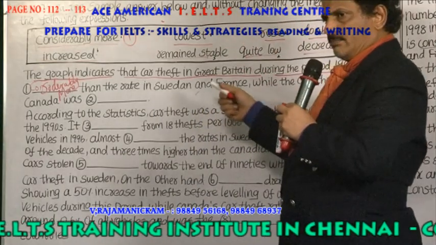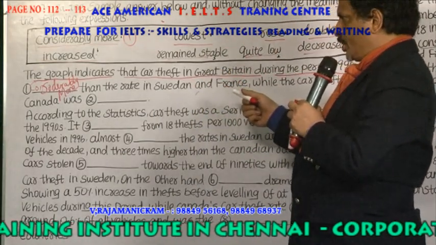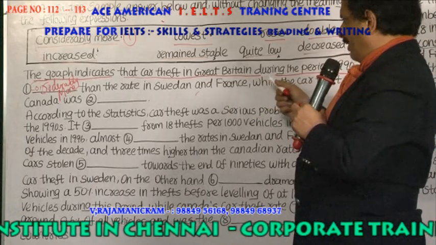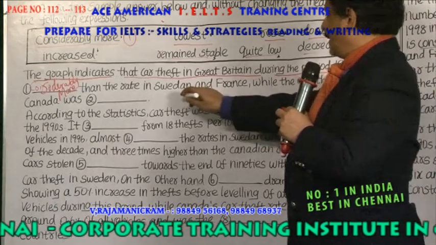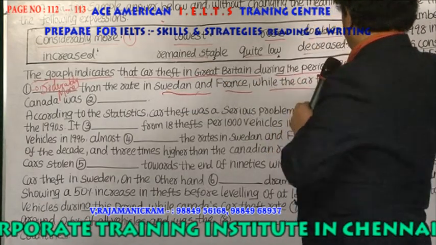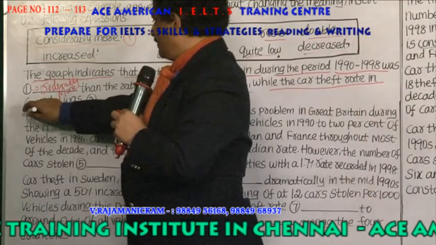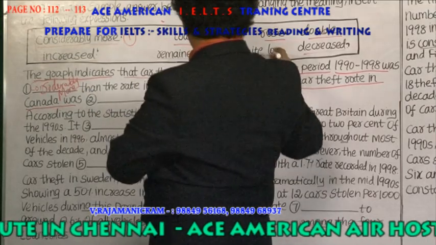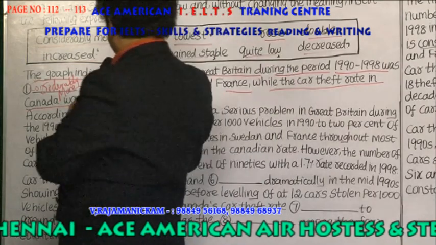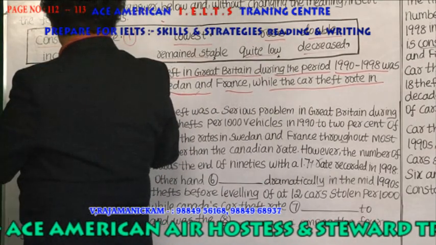Of course, in Britain the most number of cars have been stolen compared to Sweden and France and also Canada. But while the car theft rate in Canada was lowest, is it lowest or quite low? Quite low. It's quite low.